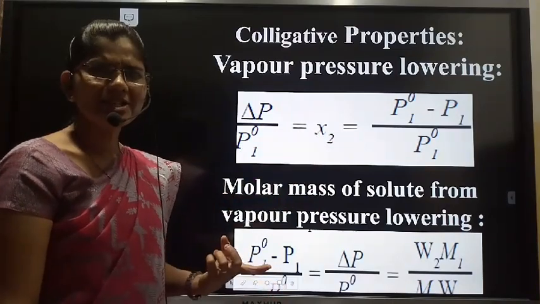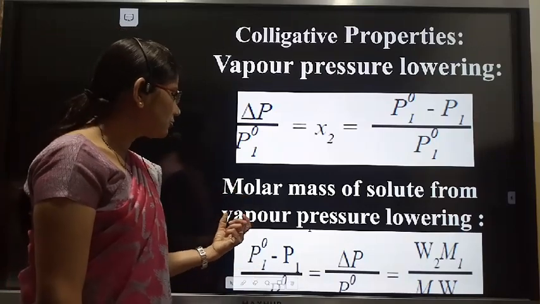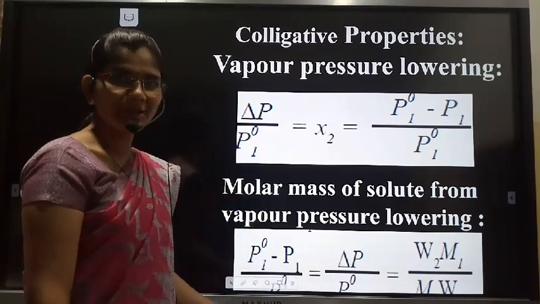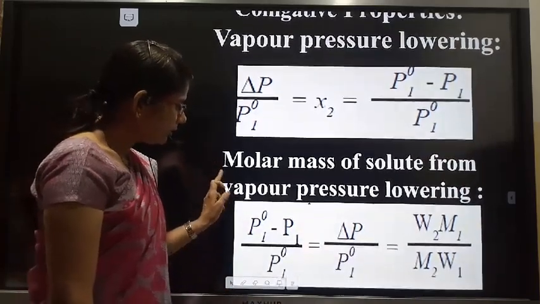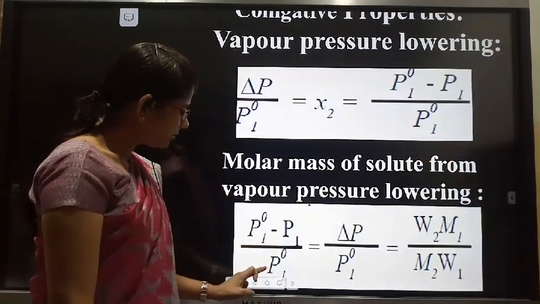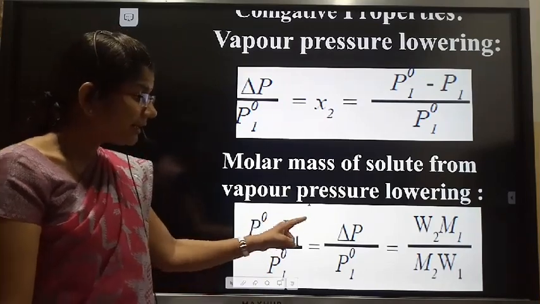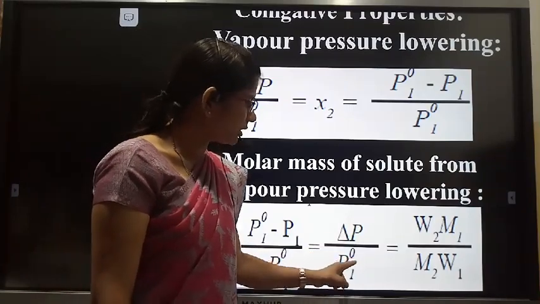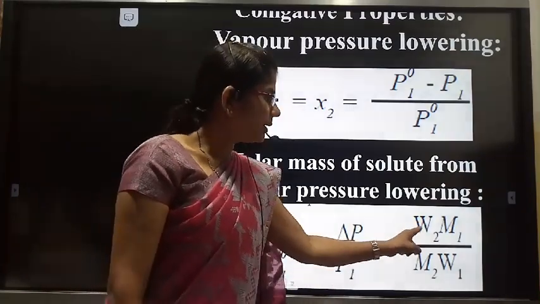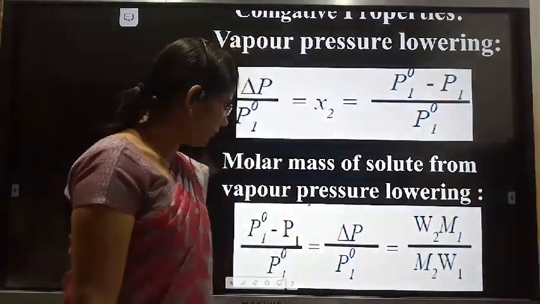Then in the last lecture we completed the relation between the molar mass of the solute and the lowering of vapor pressure, delta P. Here P01 minus P1 upon P01 is called the relative lowering of vapor pressure. That means delta P upon P01 is equal to W2 M1 divided by M2 W1.